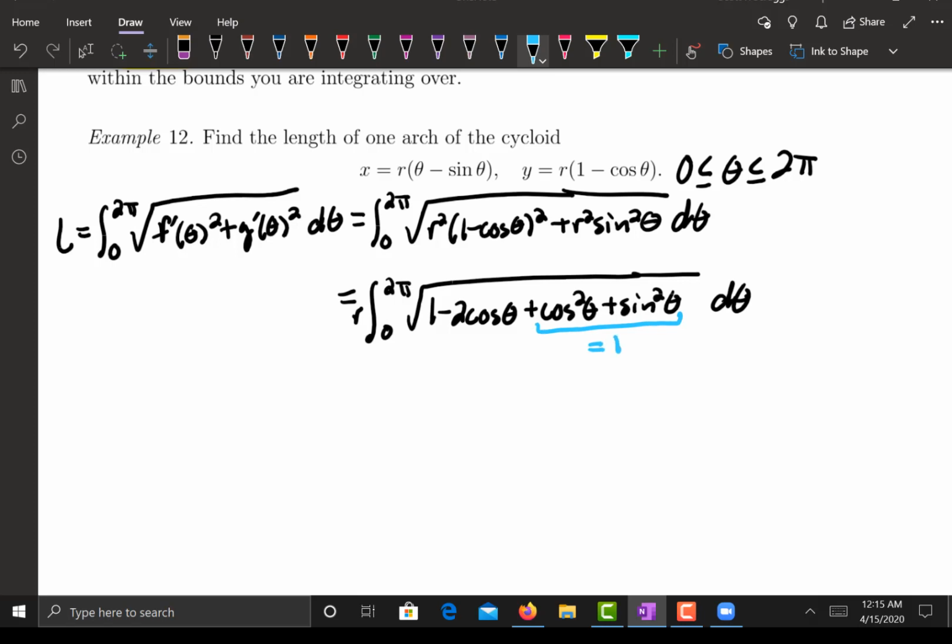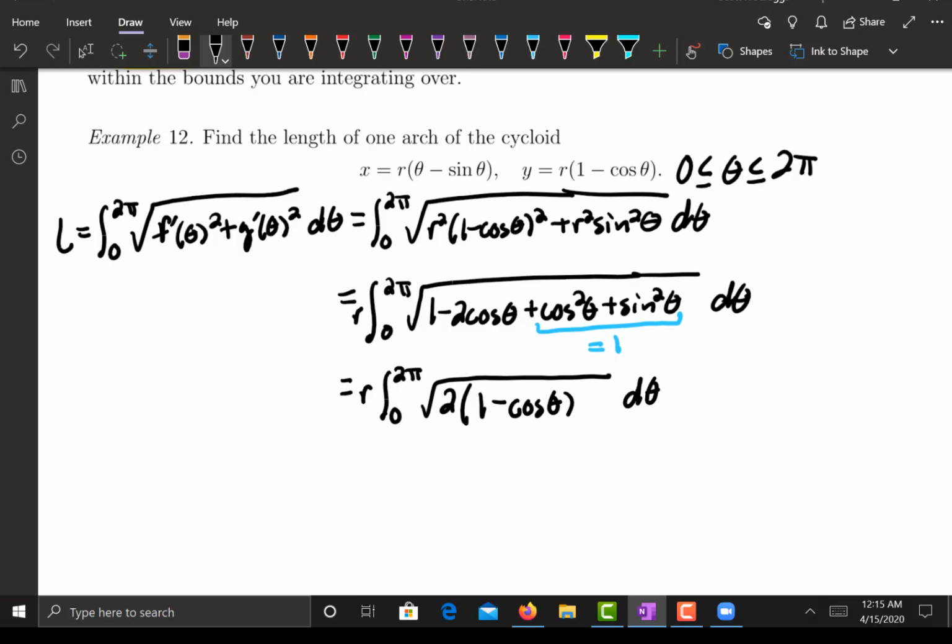I know from our trig stuff that cosine squared plus sine squared better equal 1. So I'll have r times the integral from 0 to 2 pi of the square root of 1 minus 2 times cosine of theta plus 1. So 2 multiplied by 1 minus cosine of theta d theta.